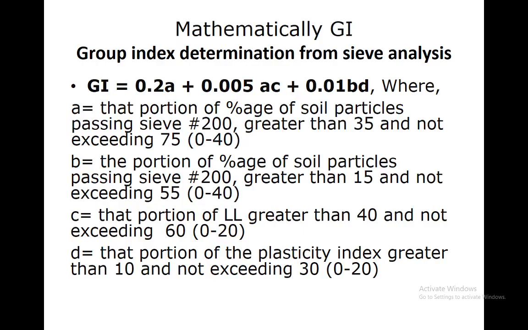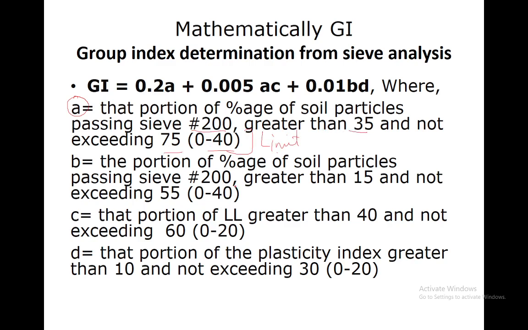This is just a mathematical abbreviation for your analysis of how we can get the value of the GI. One formula, as you can see here, is 0.2a plus 0.005ac plus 0.01bd. A is the percentage passing the 200 sieve, but it should be between 35 and 75.